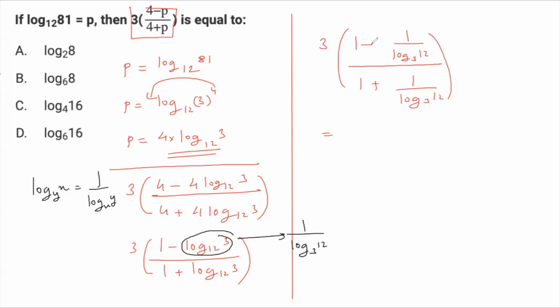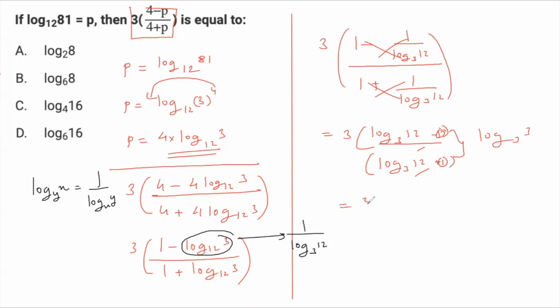Now this we can cross multiply above and below and we'll get thrice of log 12 to the base 3 minus 1 upon log 12 to the base 3, and below we will have log of 12 to the base 3 plus 1. Log 12 to the base 3 here also will get cancelled out above and below. So this is what I'm left with. This one and this one, let's write them as log of 3 to the base 3.